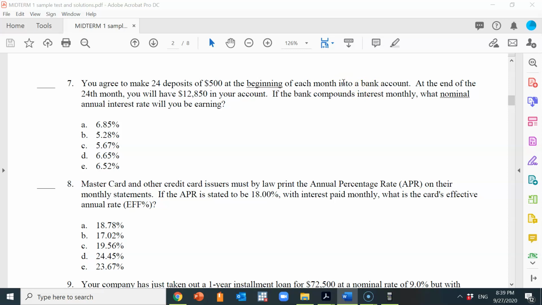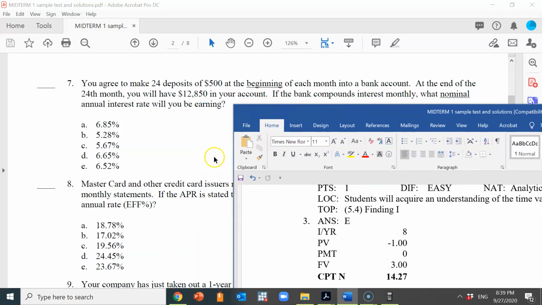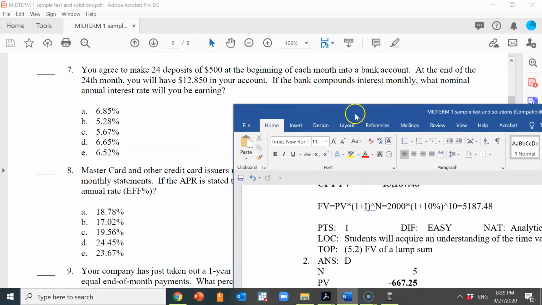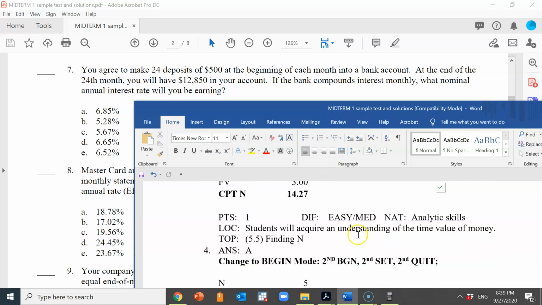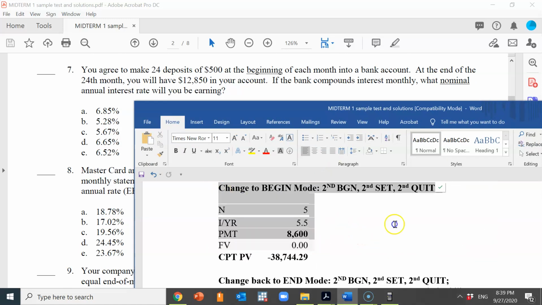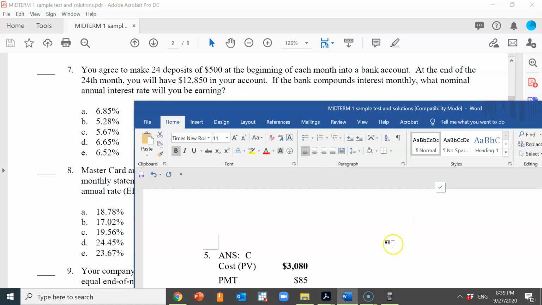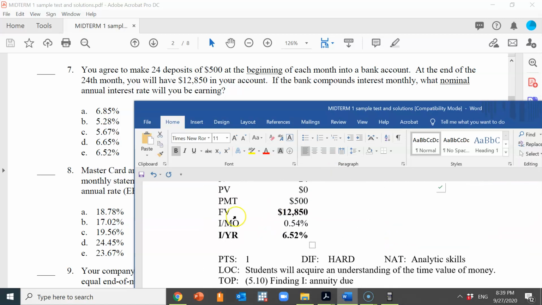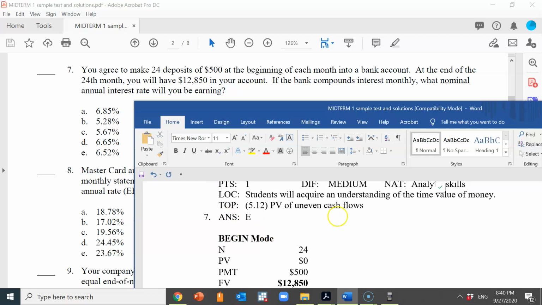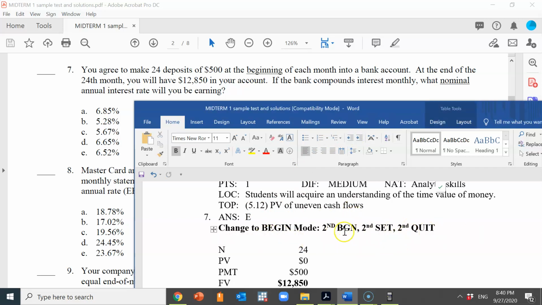Okay, so first step, you need to change your mode to begin mode. It's similar to question 4. For question 7, you also need to change to begin mode first by pressing the 3 buttons.